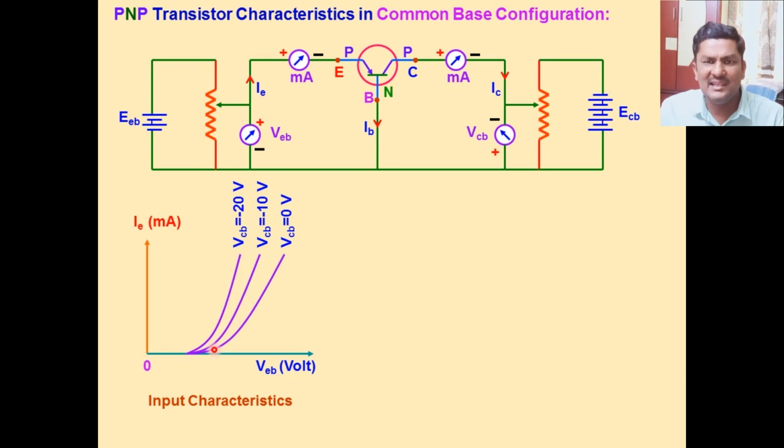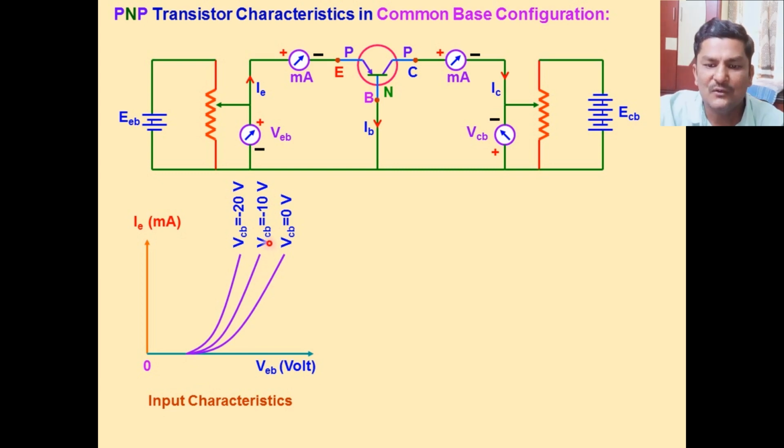Current is nothing but the flow of charge carriers. So if the applied potential is greater than the barrier potential, there will be current. That is the reason.